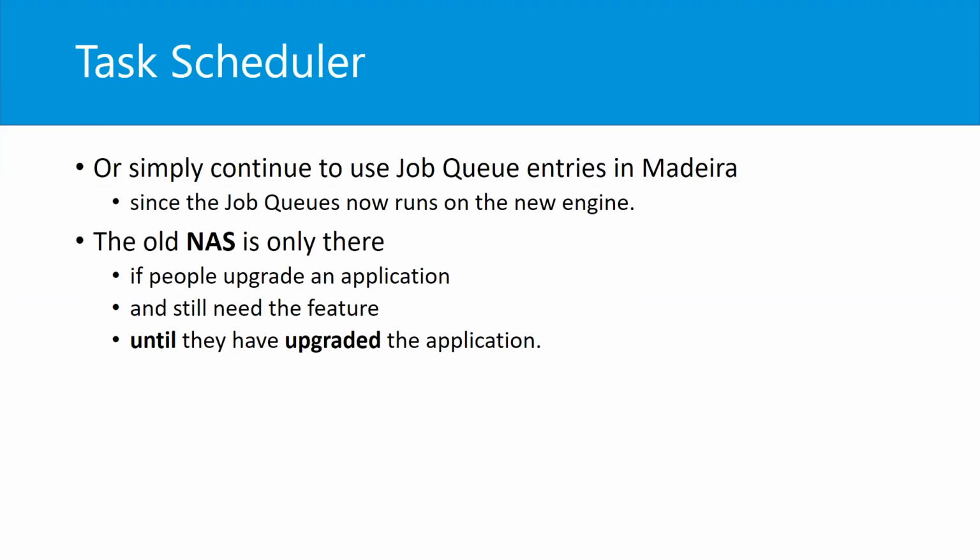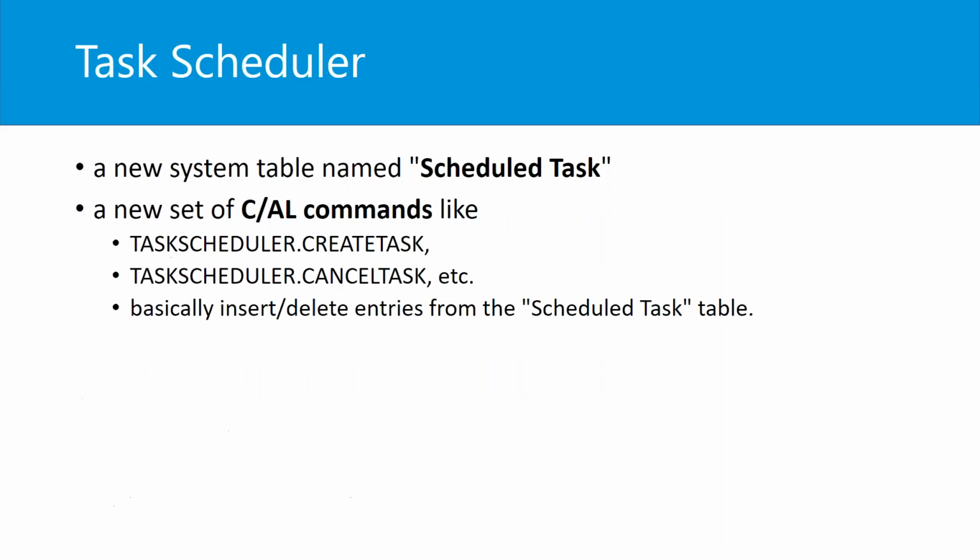So you can still continue to use the job queue entries like you did before, and the old application server is still available, but I'm not expecting this to be there in the future. I did not hear any official documentation or information about that, but it's what I personally think. In the future it might disappear.